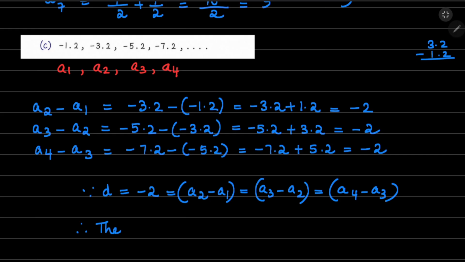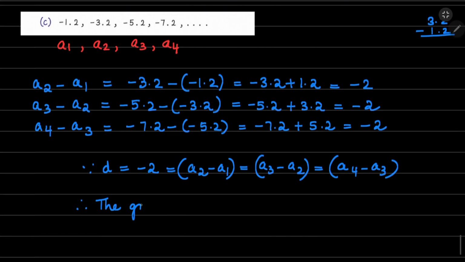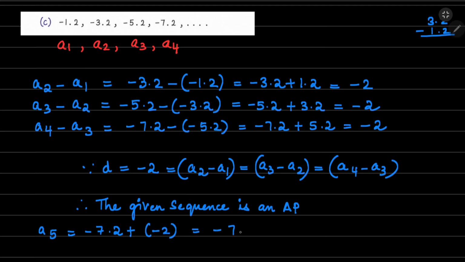The given sequence is an AP, right? How will you calculate the fifth term? Fourth term, that is minus 7.2 plus D. What is D? D is minus 2. So what is it? Minus 7.2 minus 2, which is minus 9.2. That will be the next term.